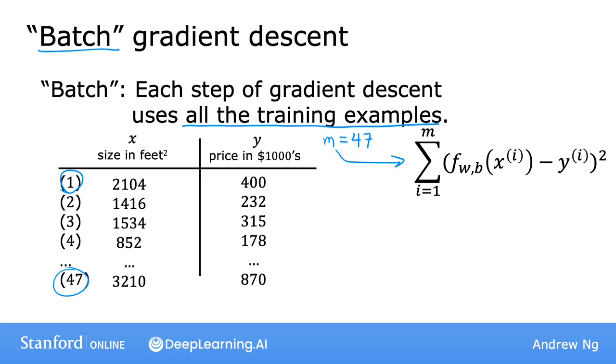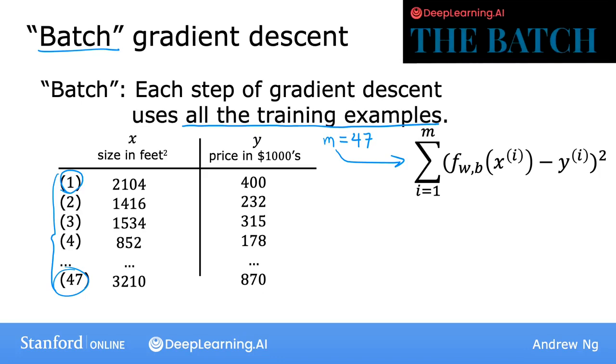And batch gradient descent is looking at the entire batch of training examples at each update. I know that batch gradient descent may not be the most intuitive name, but this is what people in the machine learning community call it. If you've heard of the newsletter The Batch that's published by DeepLearning.AI, the newsletter The Batch was also named for this concept in machine learning.